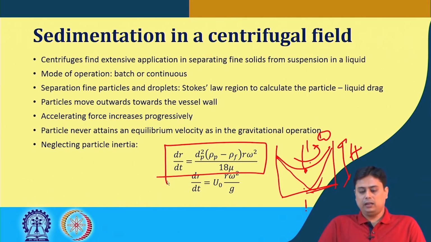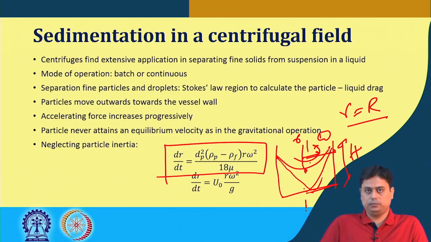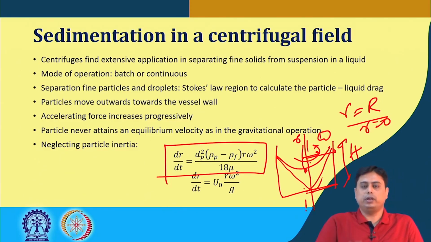where r is the radius of its rotation. That means this r, this is a small r. So, when small r is capital R, that means the particle touches the wall of the vessel or the centrifuge. When r is equals to 0, it is basically the axis on which it is rotating, its rotational axis.